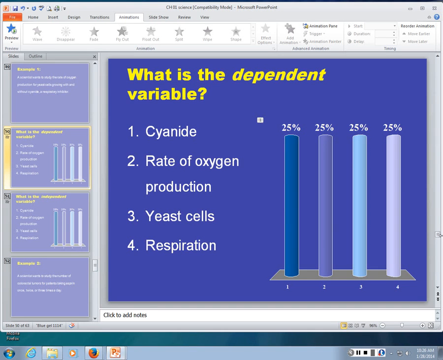Remember, our standardized variable receives no cyanide. So in this case, our standardized variable would be yeast cells without our independent variable, without our drug, the cyanide.